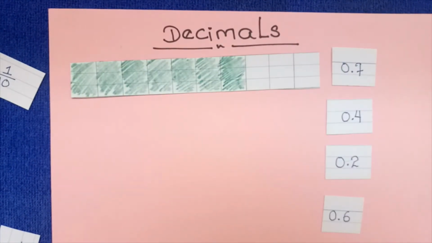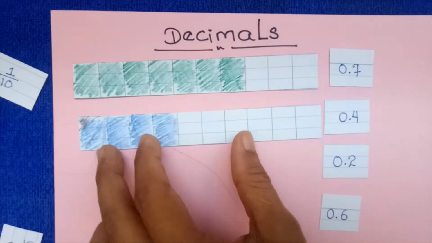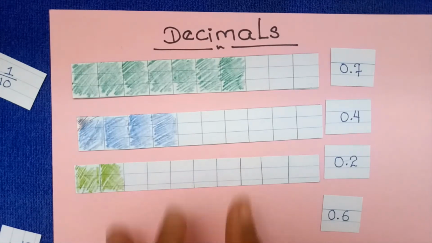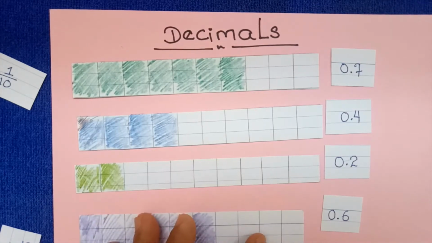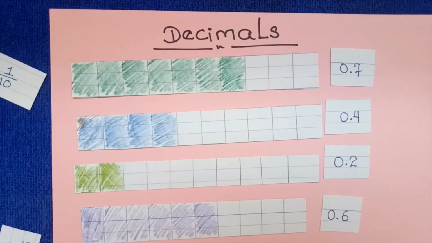Yes. 4 tenths. Yes. 2 tenths. Yes. 6 tenths. Yes. Okay, right now you know about the decimal, right? So let's find the fraction.